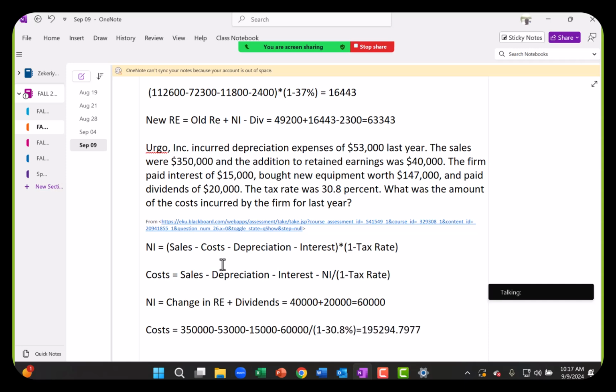That's it. Again, we could have solved this in Excel.